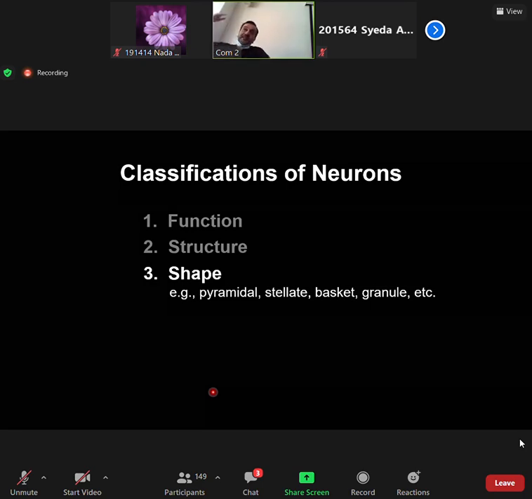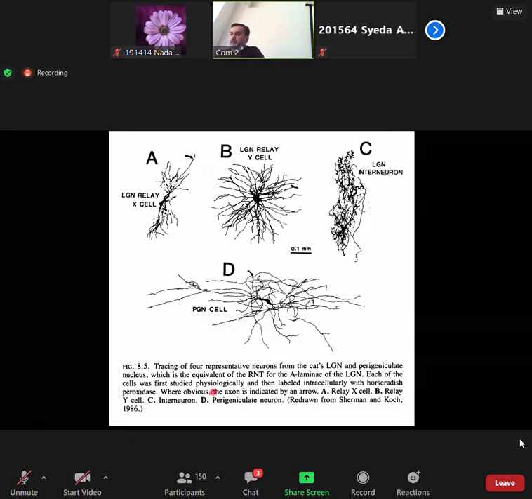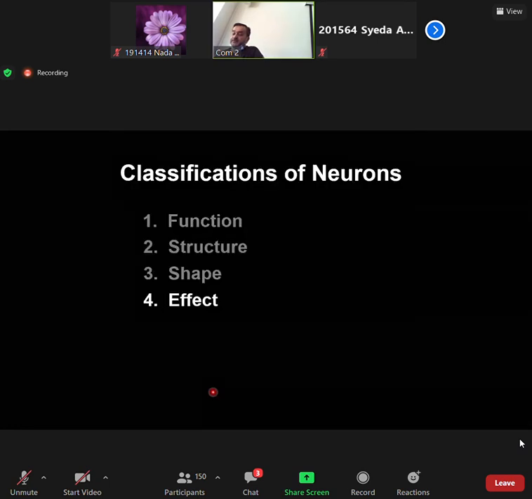Pyramidal cells in the cerebrum, stellate, basket, and granule cells you would find in the cerebellum. So neurons are also classified based on the shape of the cell body. So these are the different shapes you can see. So based on the different shapes of the cell body, the neurons have been given different names.